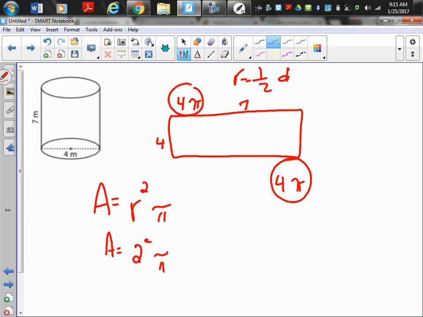So 7 times 4, so this is 28. Now, I want to find my area in terms of pi. All you do is add 4 plus 28 plus 4. So 28 plus 4 plus 4. 16, carry my 1, 36 pi. That's your answer.